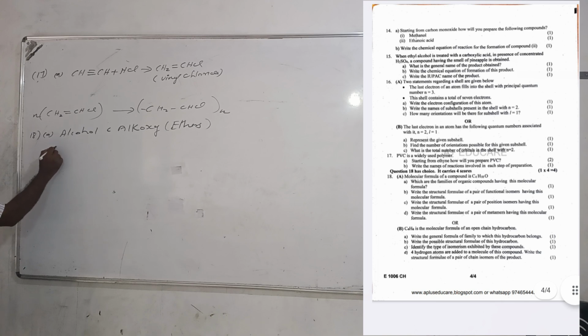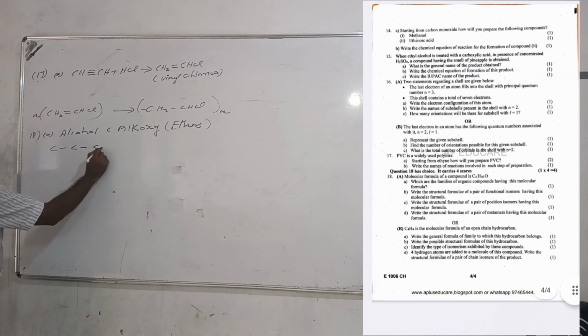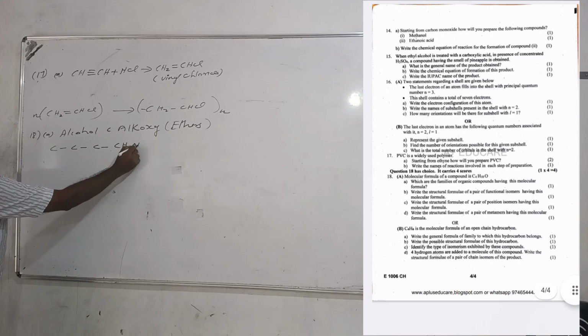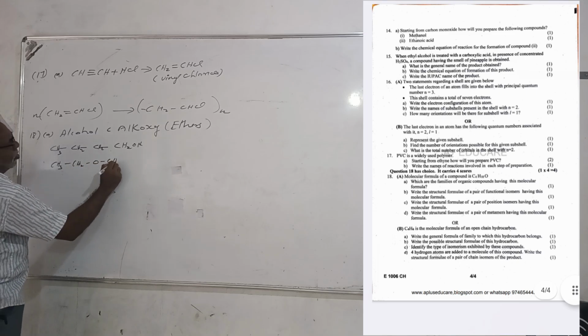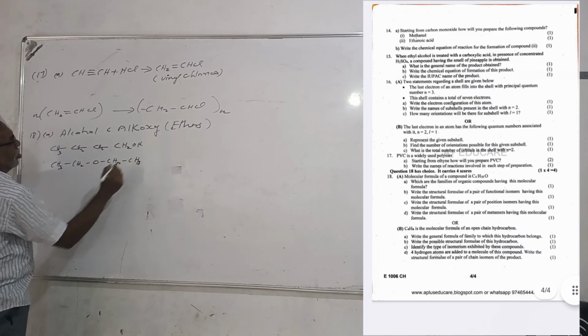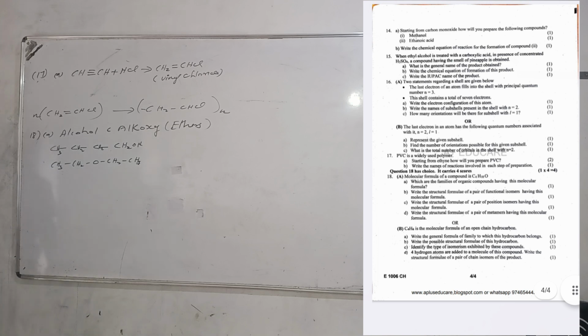C4 means butane: 1, 2, 3, 4, CH3CH2CH2CH2OH, the alcohol. And CH3CH2OCH2CH3. So these are the pair of functional isomers.